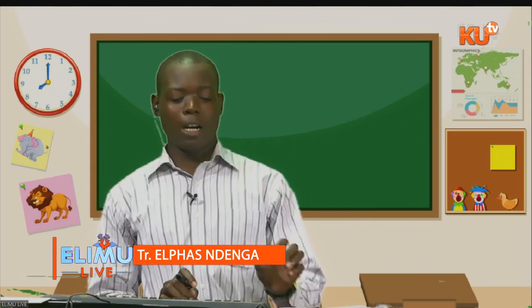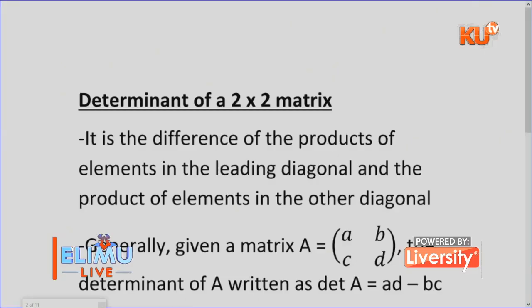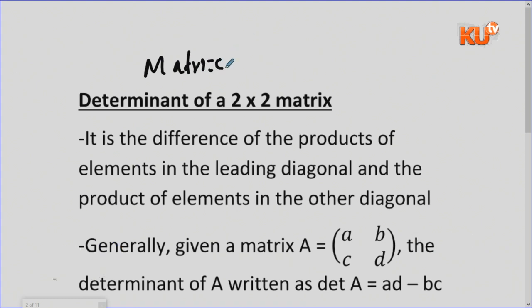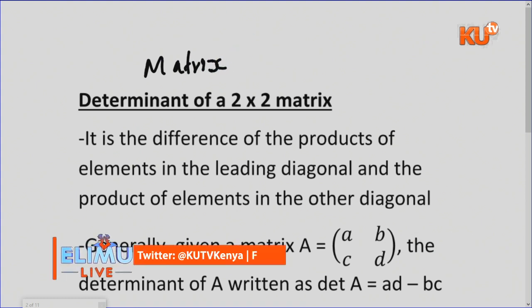So when we talk about the matrix, simply, we are referring to the arrangement of elements in rows and columns.